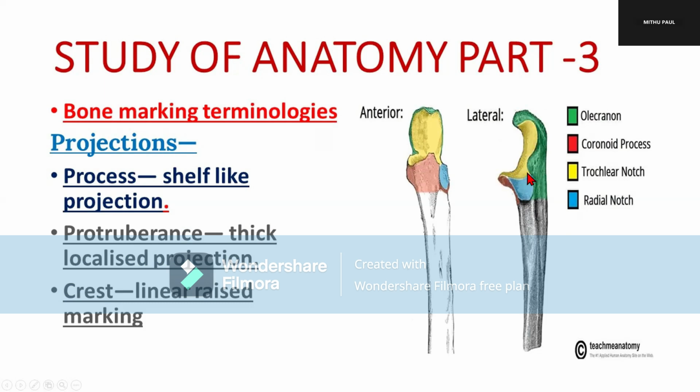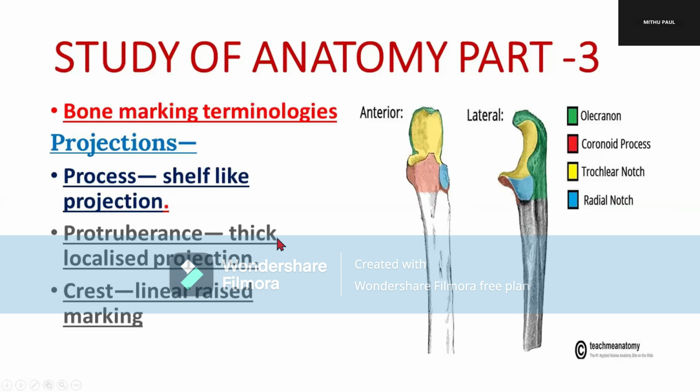So there is formation of two processes. One is the olecranon process. Why it is olecranon, I will explain. And one is the coronoid process. Why they are named so, I will explain in the subsequent bone. But you know the surface features that they are shelf-like processes growing from the surface and coming outwards. So these are two examples of processes.